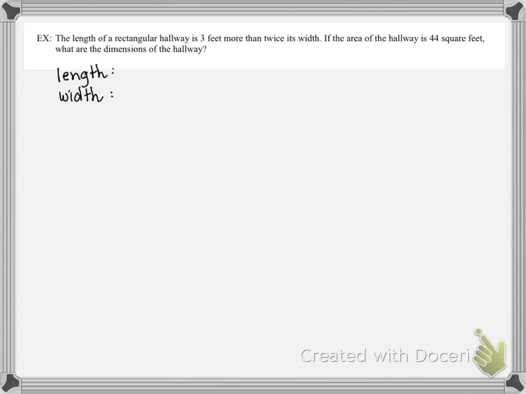It's not a complex relationship. So it's just as easy for me to say that the width is x and the length is 2x plus 3 as it would be to say the length is y, and then write the equation y equals 2x plus 3 as one of my equations, right?